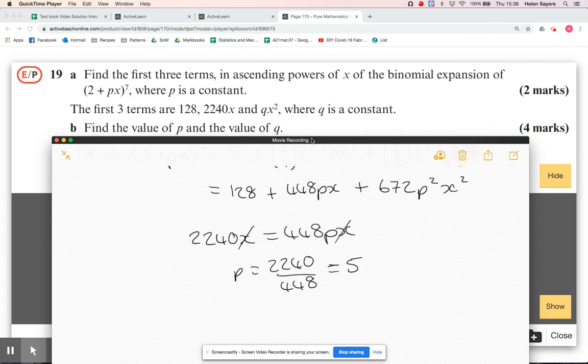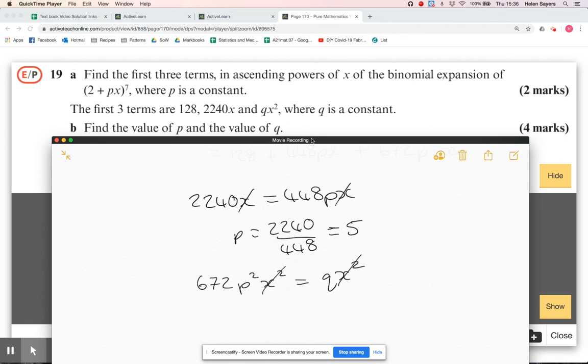The reason why people might make mistakes on q, so if we look at the x squared term, that's what we've got in our expansion, and they're telling us that equals qx squared. So again, it's really the coefficients we're looking at. The biggest source of error here is going to be if you didn't square the p. That's why most people might drop marks.